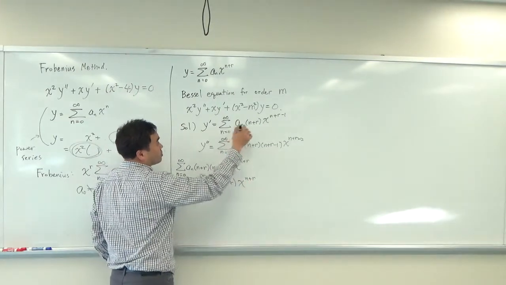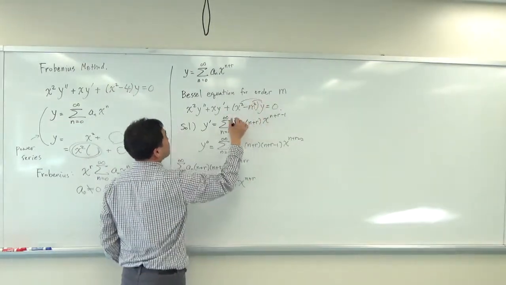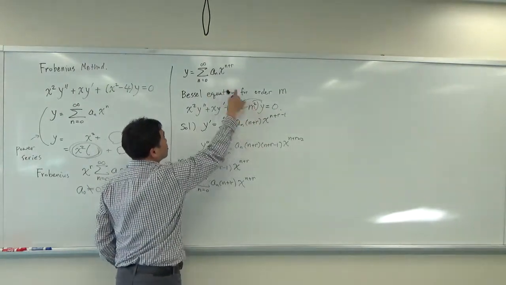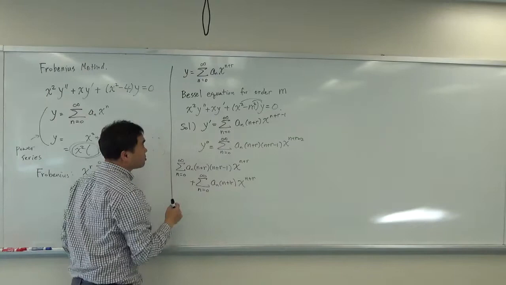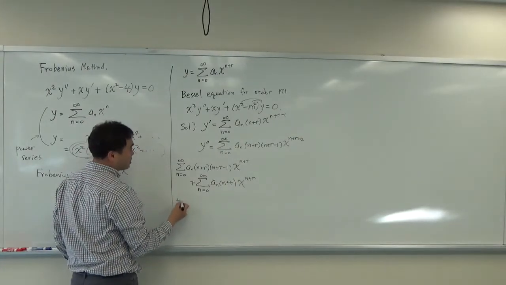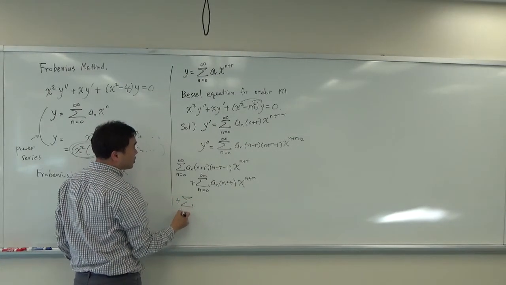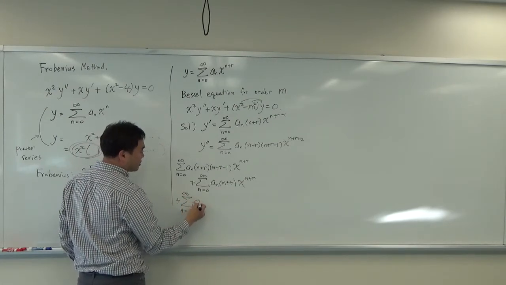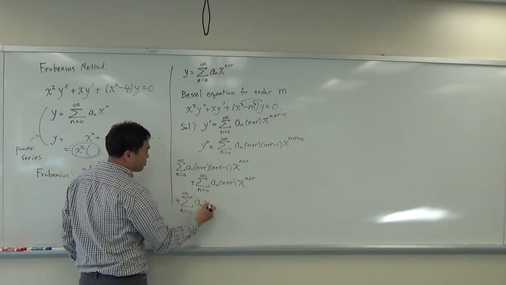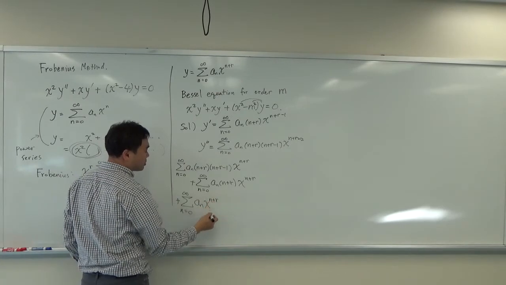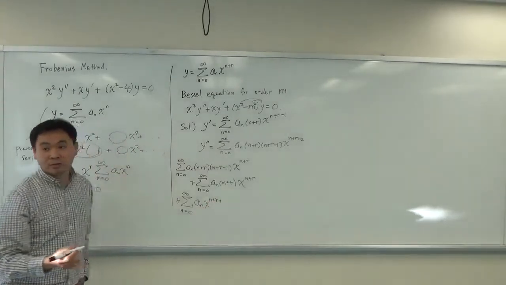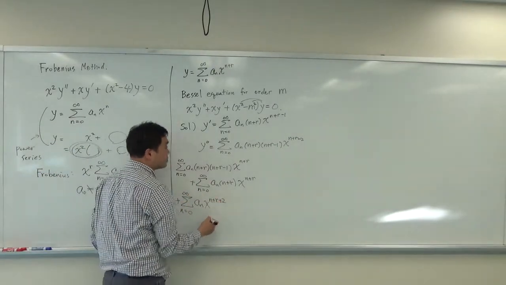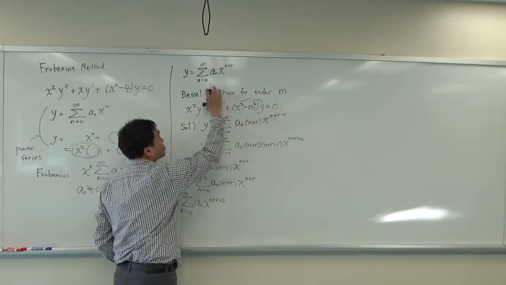And then you want to distribute these two. So we'll have x squared multiplied to this, and negative m squared multiplied to this. So we're going to have two terms. The first term would be the summation from n equals 0 to infinity of a_n x to the n plus r plus 2, because of x squared being multiplied to y.